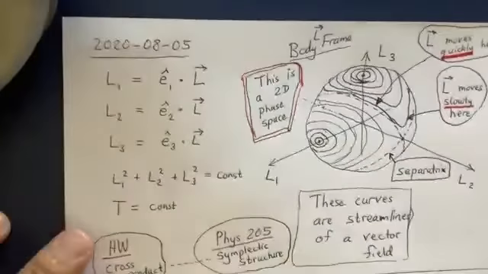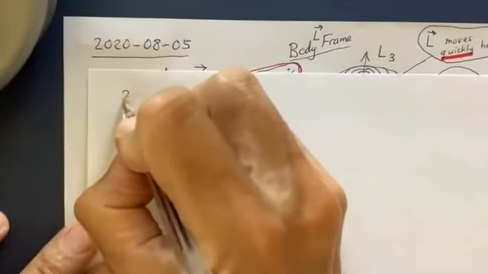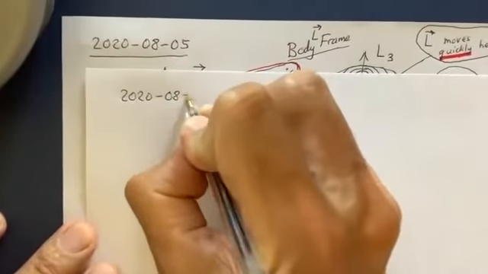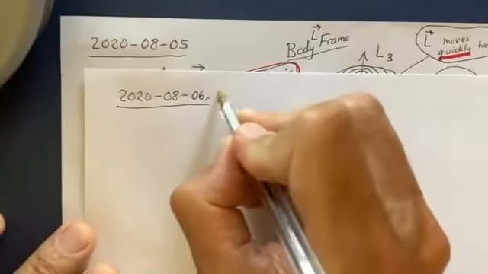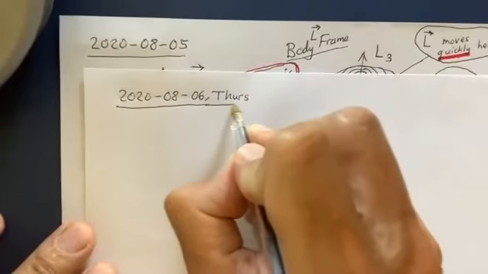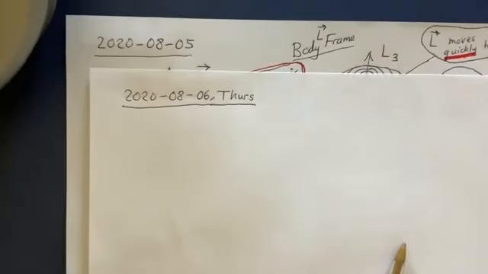So I'll get this piece of paper here. Okay, so we've got Thursday the 6th. Let's talk about a few things.